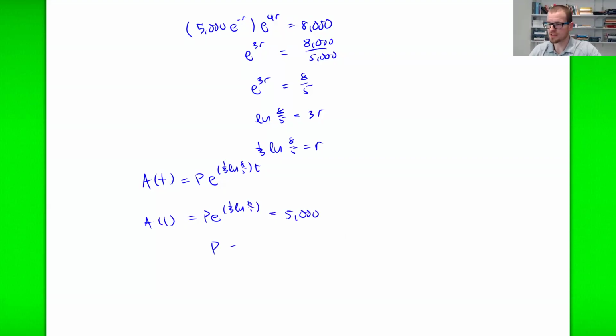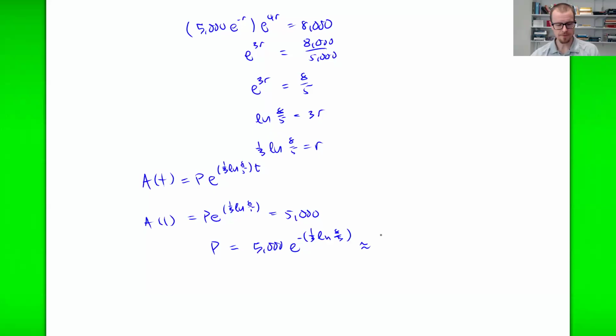So P itself is equal to 5,000 times, right? I divide both sides by this, or multiply by e to the negative of that. e to the negative 1/3 natural log of 8/5, which I can get an approximation for.